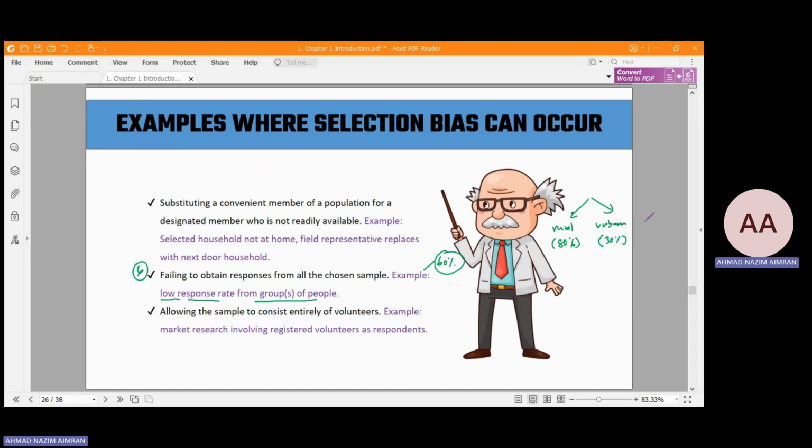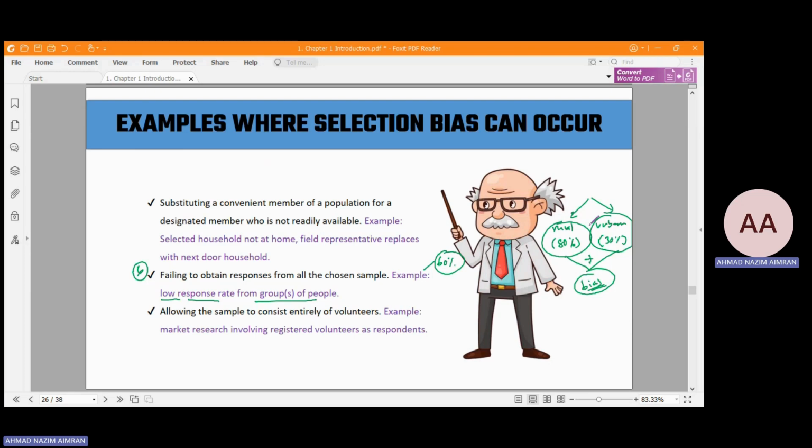Because they have different lifestyles. Maybe those who live in the urban area need to go to work, but those who live in the rural area don't have specific working hours and so on. So when these two are combined and a statistic is produced, this statistic is biased because the response rate at the rural area is high, while the response rate at the urban area is low.